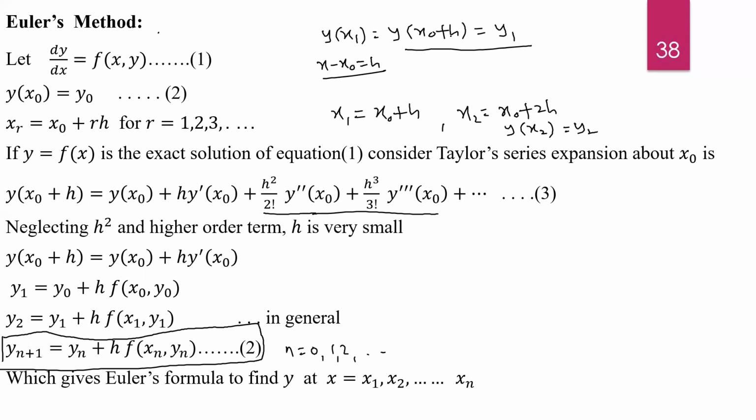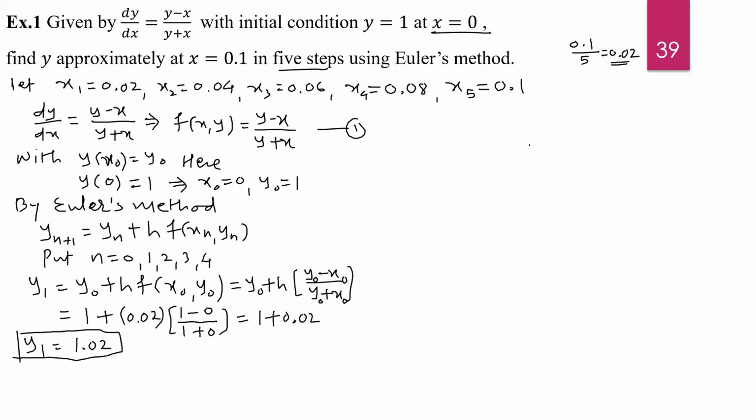So this y1 means y in bracket x1, that is 0.02. This is y1, which is 1.02. It means the value of x1 is 0.02.